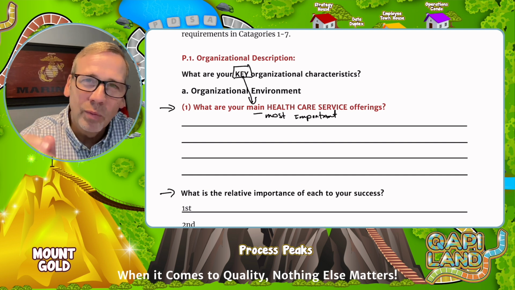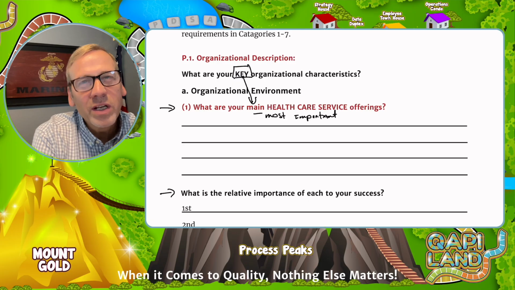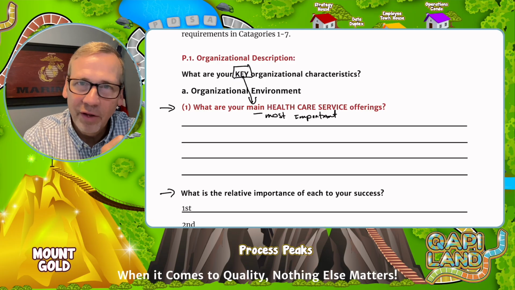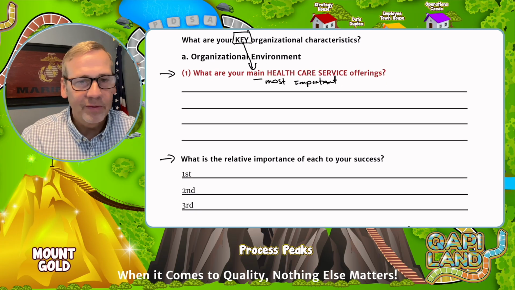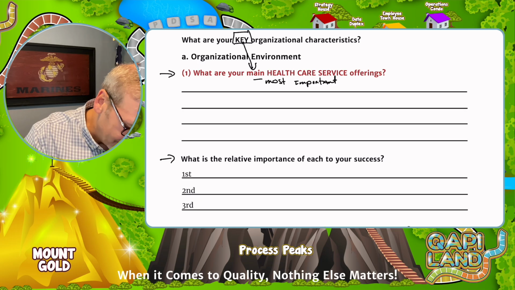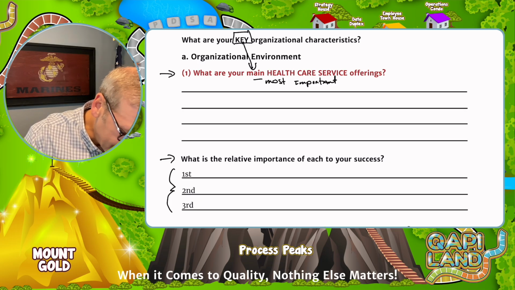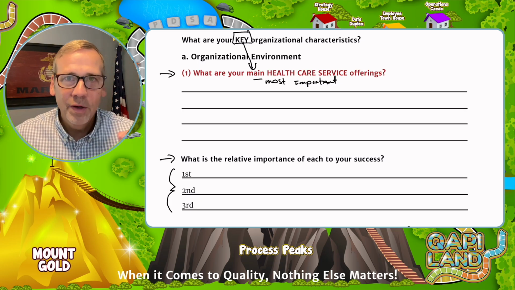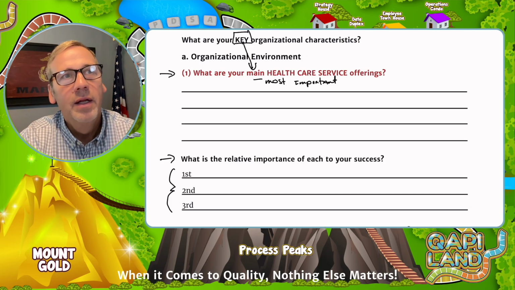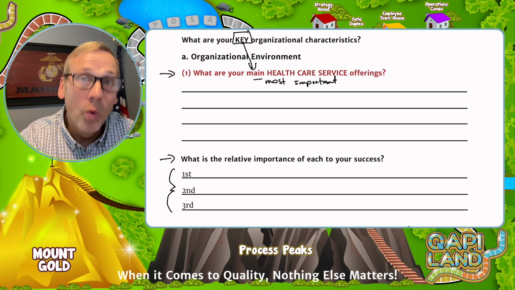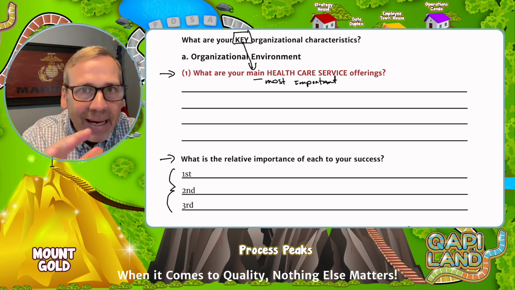This question really gets to the heart of what are your main healthcare service offerings, your most important, and what is the relative importance to each? What I want to show you with this question is I put down 1, 2, 3. That's a clear indicator that I don't think that it's possible to have more than 3 main service offerings.